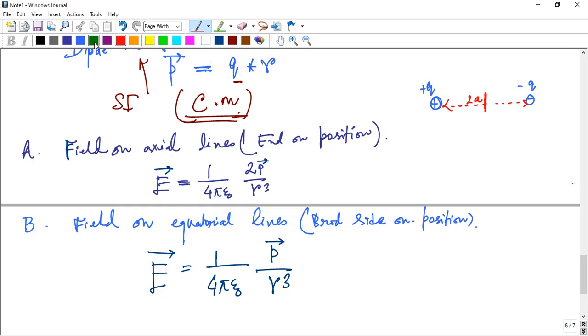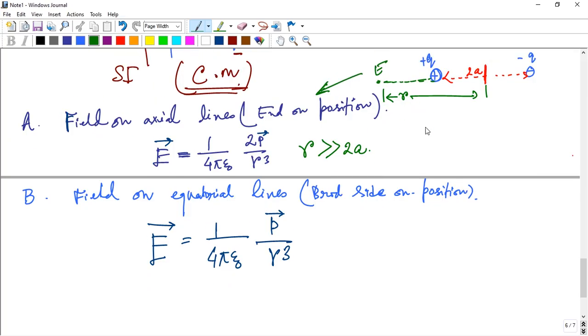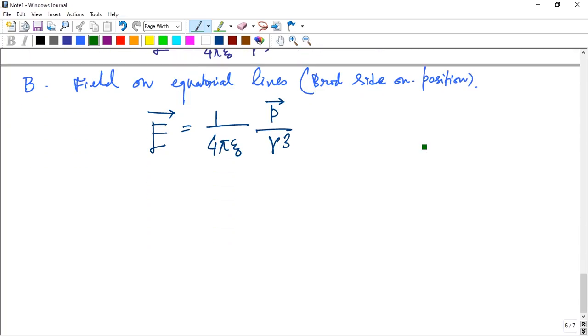So here is the electric field at that point, on the axial line, and here R is much greater than twice A. That is the axial line, and what is the equatorial line? There are two charges, the plus charge Q and the minus charge Q, and there is P in that direction, the dipole center.